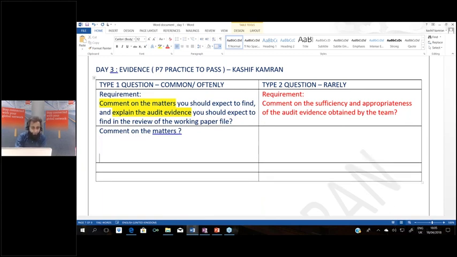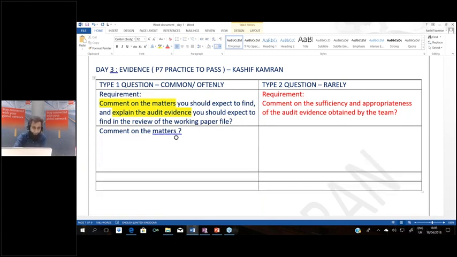Now, when the examiner asks you to comment on the matters, which matters? The question on evidence contains accounting matters. So in the case study, the matters relate to accounting problems or accounting issues.